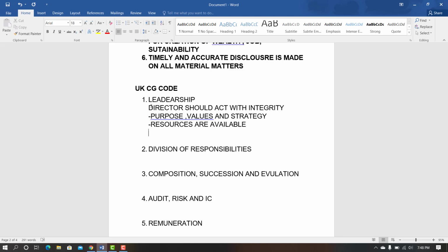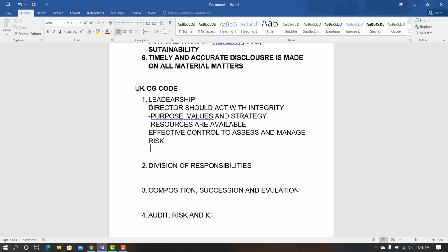The board should have effective control to assess and manage risk. Another, the board should have effective engagement with shareholders.